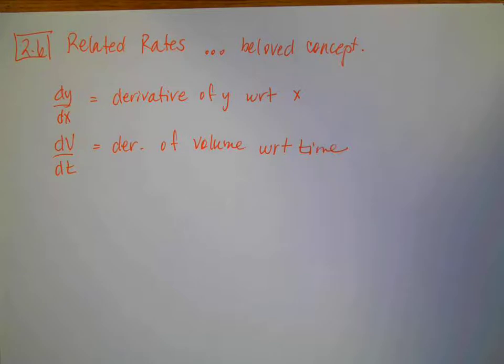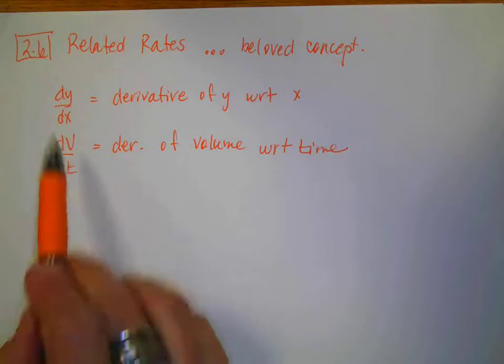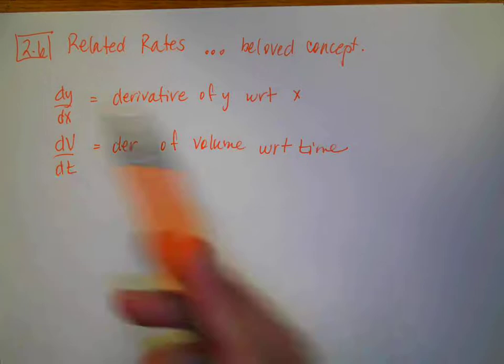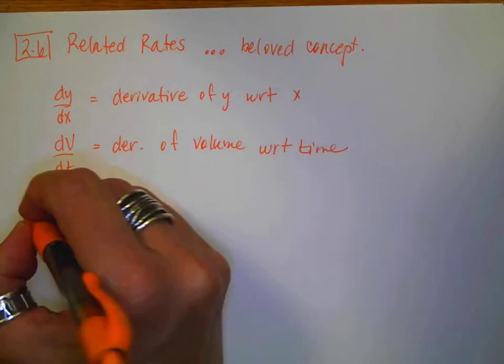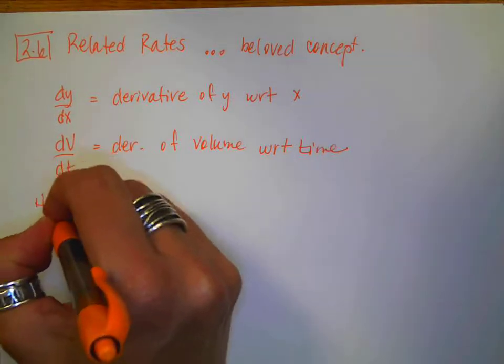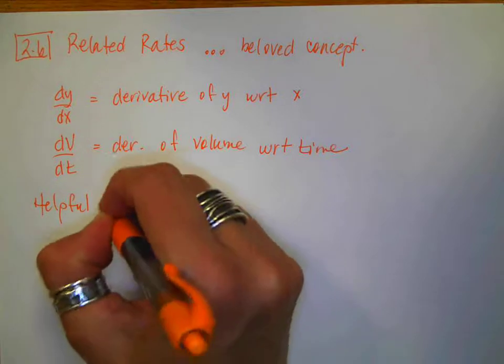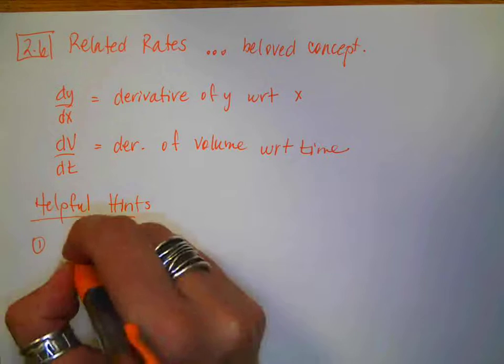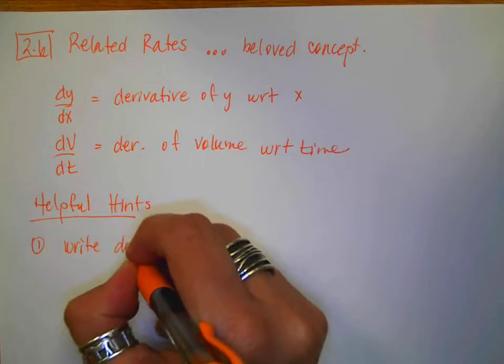So remember, when I do a related rate problem, I often end up with a lot of different notations within the same problem. So let's go back and talk about some of our helpful hints. The first one that I would advise you to do is to write everything down that you know.